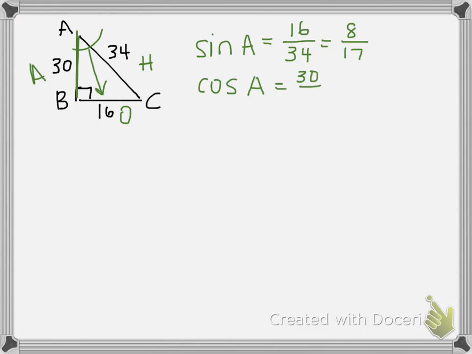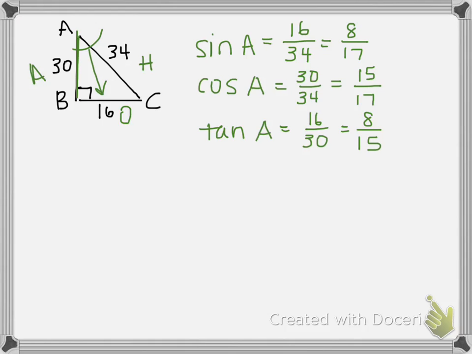So we have 30 over 34. Again, when we reduce that by 2, we have 15 over 17. And then finally, tangent of A is going to be 16 over 30, which is 8 over 15. So we have all three of our ratios to go with our triangle.